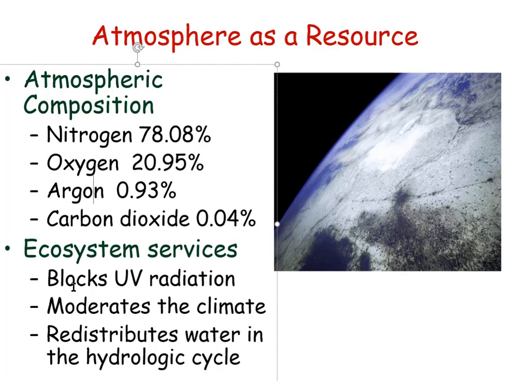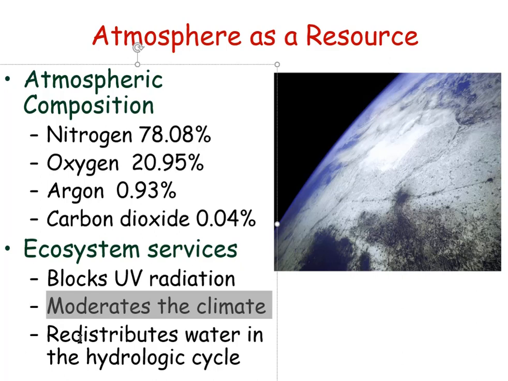The ecosystem is the environment around us, which is keeping balance in our living. So in the ecosystem, what is happening in the environment, in the air, this atmosphere, in terms of the gases and particulate material, it will block the UV radiation coming from the solar energy. It will moderate the climate also.